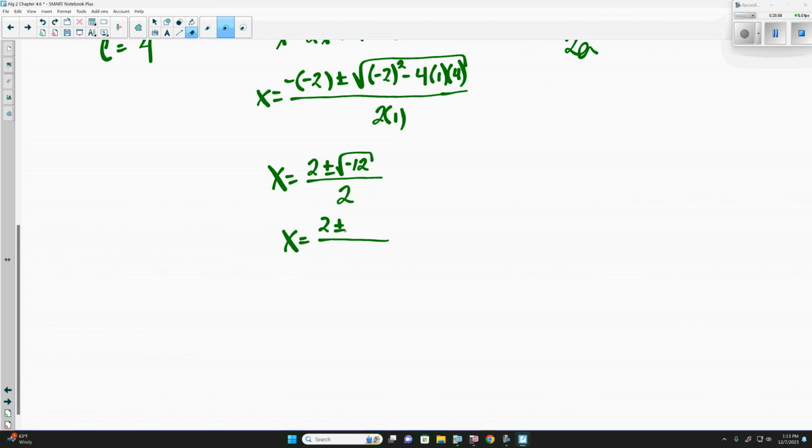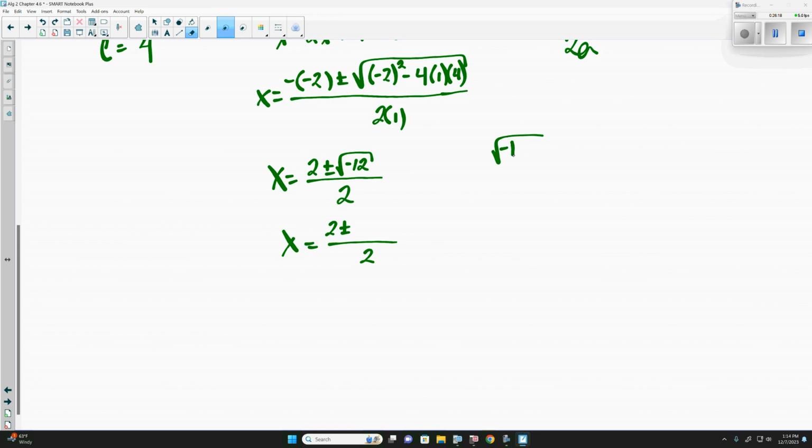Now, we do need to simplify our radical. The calculator will not simplify the square root of negative 12 in the form that it is right now, because it can't do negatives.